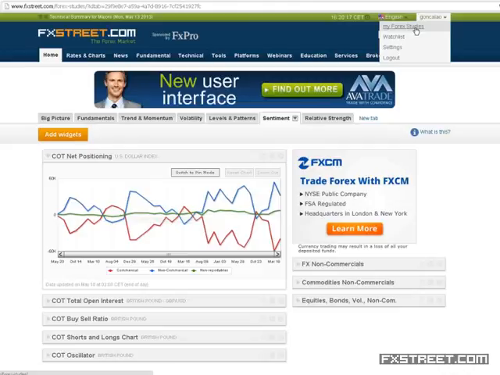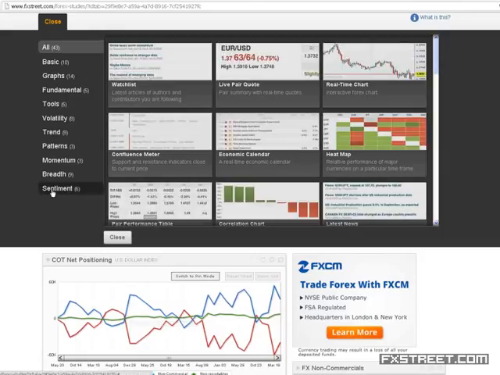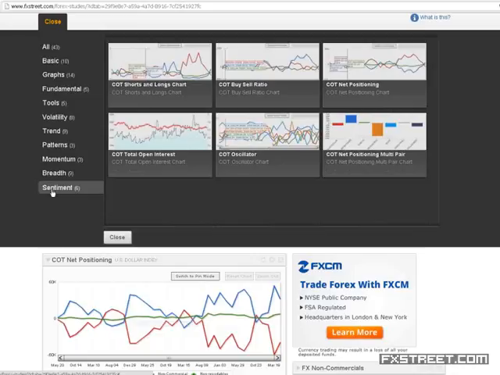When you get there, you go to sentiment tools, and here you have all the CoT data that we are going to see in this session.